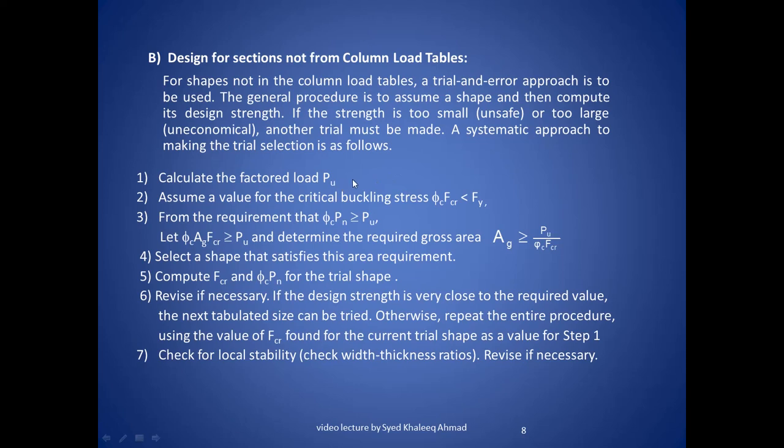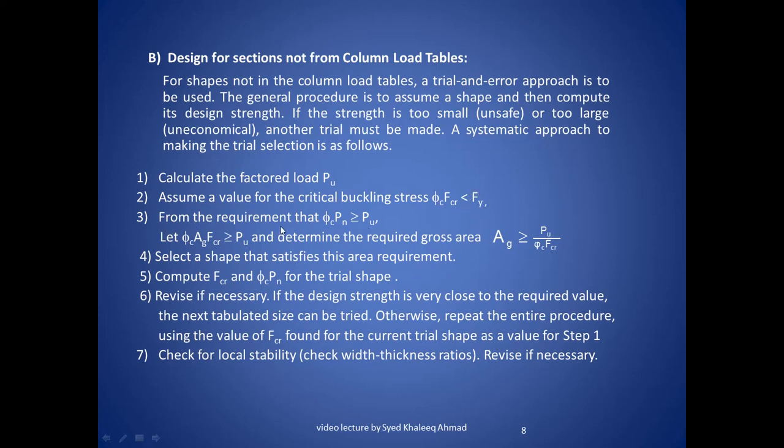Then assume a value for the critical buckling stress, because you don't know the value of critical stress, but that value which you are assuming should be less than Fy. Fy will be known to you, so you should not select the value of critical stress more than Fy, it should be less than Fy.